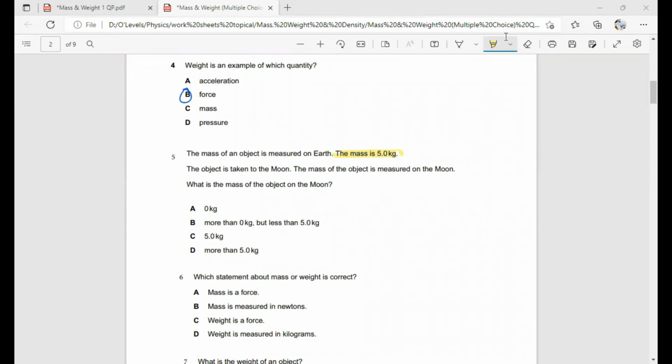Will the mass be the same or unchanged? Yes, mass will be the same and unchanged everywhere. Mass remains the same everywhere, either on the moon or somewhere else. Weight will change. So mass should be the same as Earth, 5.